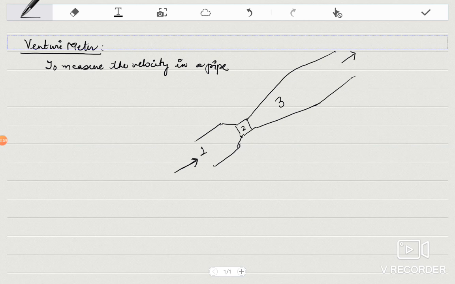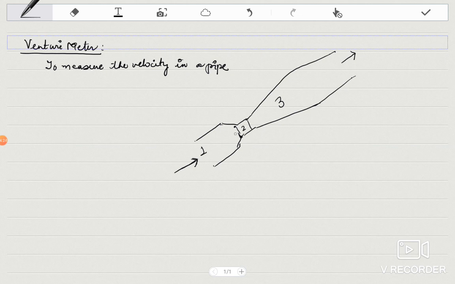Then one more thing is that you see that here the cross section is diverging. As we studied earlier, in the equation of continuity we have proved that if cross sectional area is small, velocity will be increased, and if cross sectional area is bigger, the velocity will be decreased.